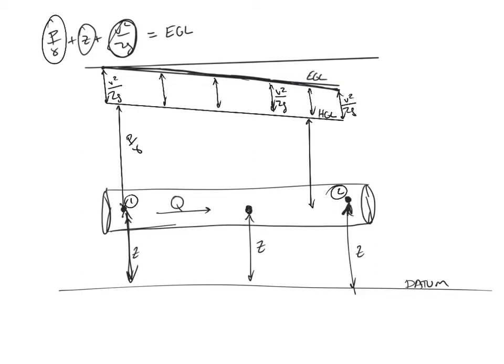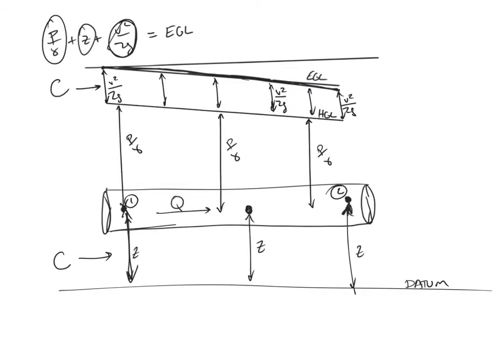Down to Z, this is P on gamma. It depends on the spot you choose, right? It could be anywhere in there. This is P on gamma. So notice that as we move along this pipe, the Z is remaining constant because the pipe is parallel. The velocity head is constant, so this one is constant.